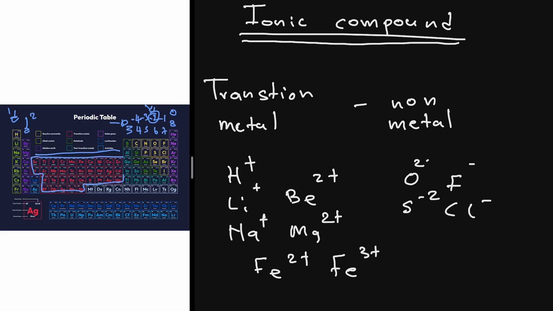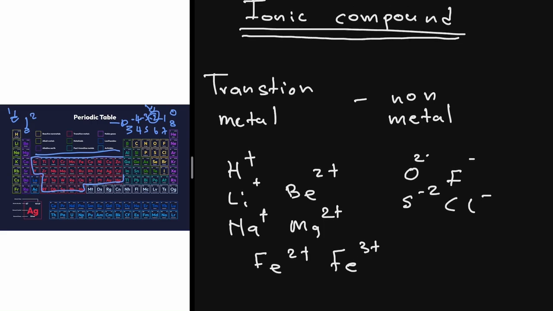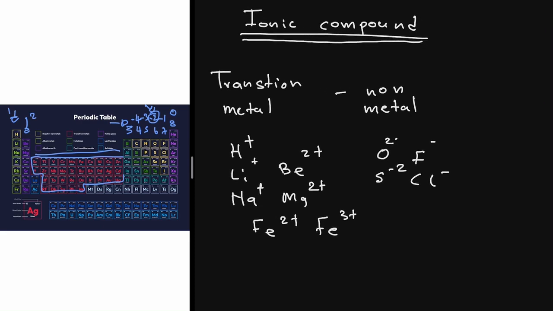So when we actually name a compound consisting of iron, if we're going to have an iron ion with +2 charges, we're going to name it iron (II) with Roman numerals. But if you talk about the iron ion that has 3 positive charges, we're going to say this is iron (III).